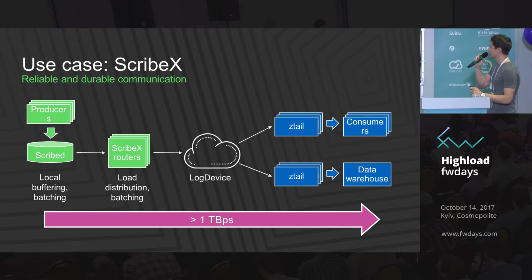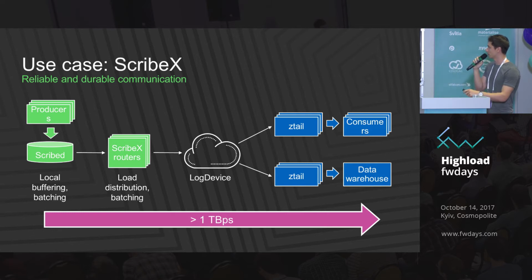So how does this work? First of all, we have a Scribe process. This is a local process running on a machine, which is actually sending the update. This process buffers this data, batches it, and then sends it to Scribe routers.